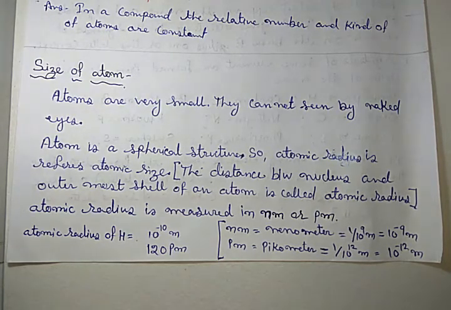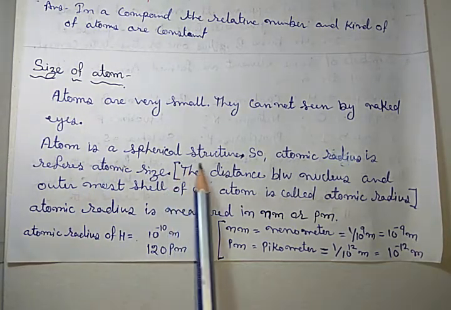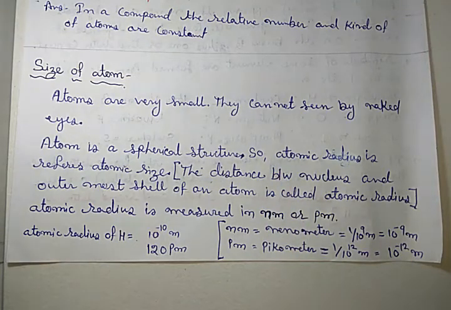So we can say directly that the size depends on the radius. The same point is selected here. Atom is a spherical structure, so atomic radius refers to atomic size.